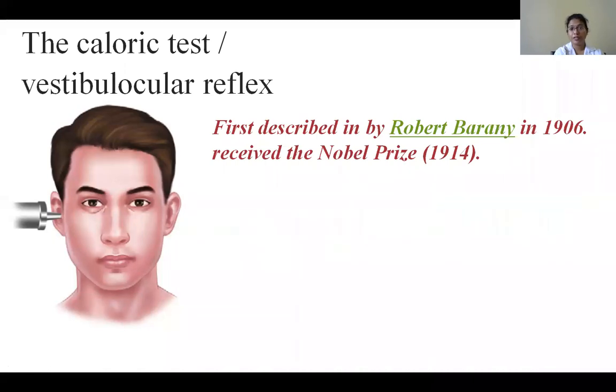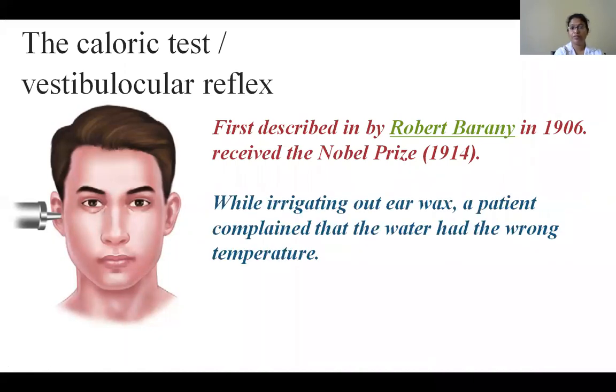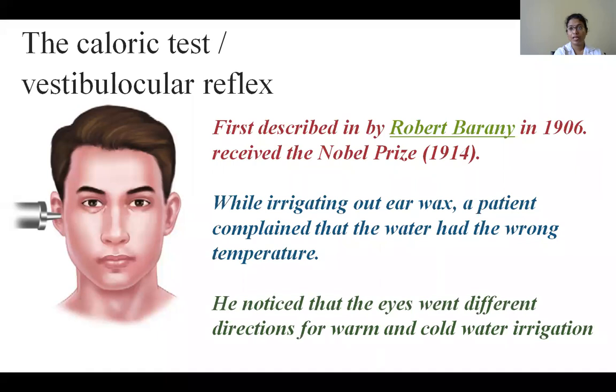What he had observed in his routine practice was that whenever he was doing ear irrigation for removal of wax, the patients used to complain that whenever the temperature of the water altered, they used to develop vertigo or nystagmus. And he observed the eyes used to go in different directions for warm water irrigation and cold water irrigation. Because of this observation, he developed a research and proposed a theory.